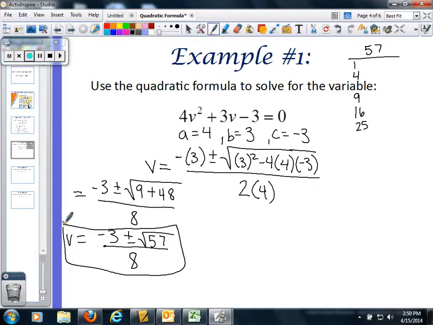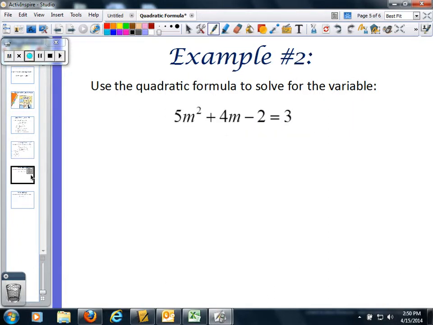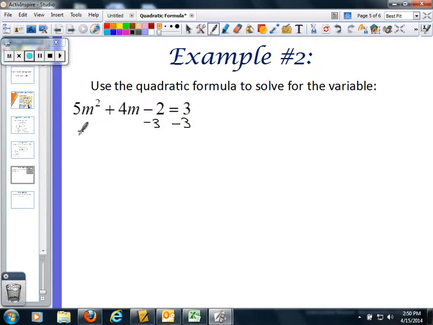I'm going to go ahead and do one more. Example number 2. Use the quadratic formula to solve for the variable. So the first thing we have to do is put this in quadratic form. I'm going to slide this over here so I have a little bit more space. In order to do that, I have to get the right side to be 0, so I'm going to subtract 3 from both sides, giving me 5m squared plus 4m minus 5 equals 0.